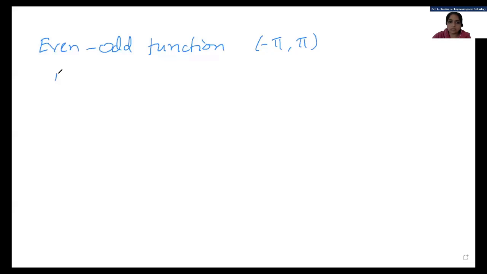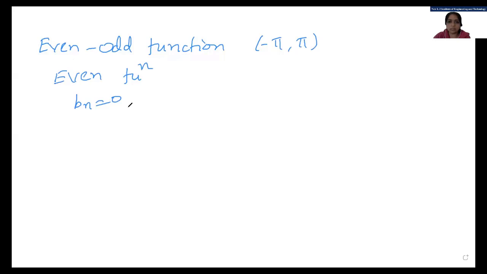Okay, so as we know, if our given period is minus pi to pi and the function is even, at that time our first step is bn equal to 0.